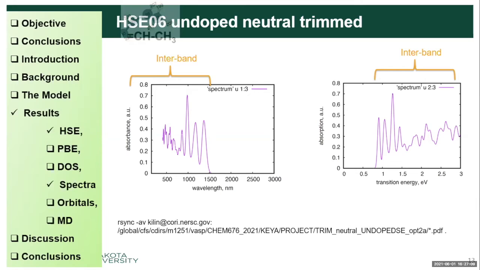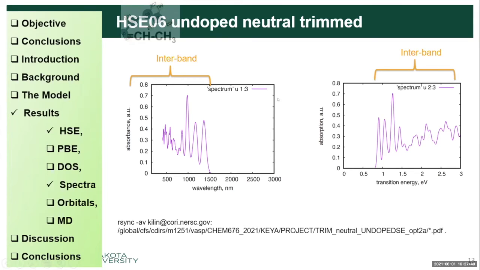Actually I need to show the density of state graph, but there's something wrong with that. That's why I just show this one. So the undoped neutral has the valence band filled, and the conduction band is empty.